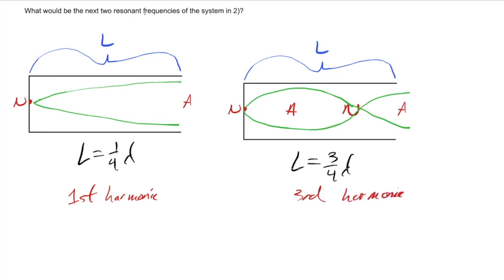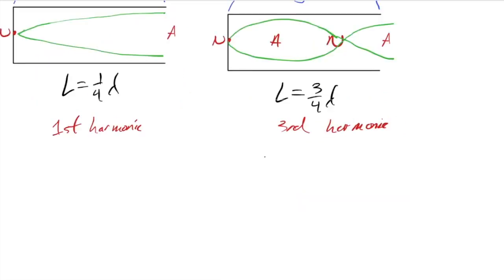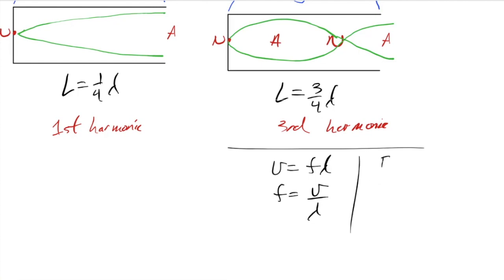All right, so let's figure out what that frequency is going to be. We know from the previous question that the length was 1.7 meters. In order to find the frequency, I know that V is equal to F times lambda, so my frequency is going to be equal to V over lambda. We have to do a little aside to find our lambda.